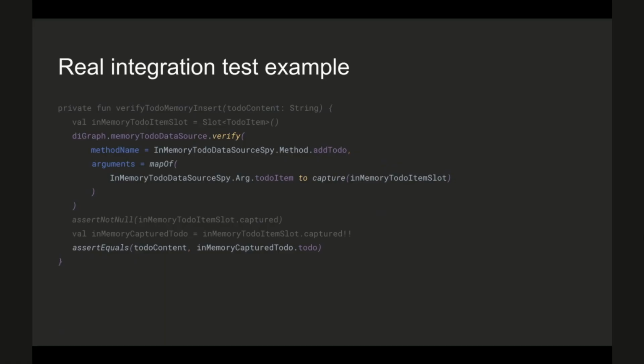Using verify, we can specify the method name that we want to see, like, okay, I want to see that I added a to-do of a specific value on my data sources. So I can use capture to get this to-do insertion and assert that the content of the to-do is the content that I was expecting.